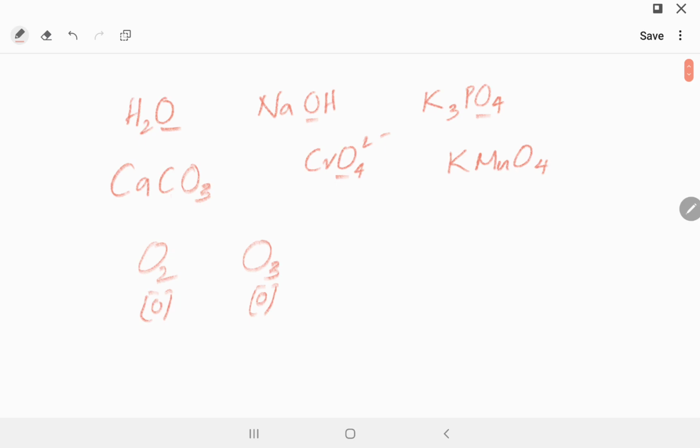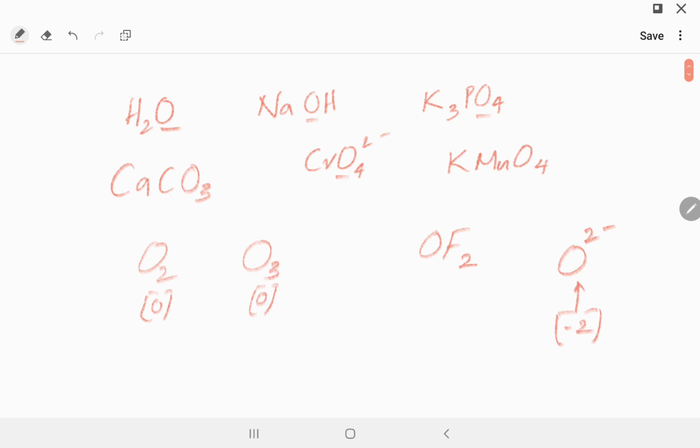Things like OF2. Here's the thing: we learned about the oxide ion. The oxide ion is O2 minus, right? So therefore, general oxides usually have a -2 oxidation number. And if you talk about the electronegativity of oxygen, it has the second highest electronegativity, which means only fluorine is capable of stealing electrons from oxygen.